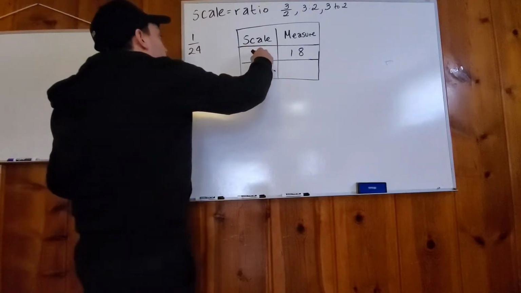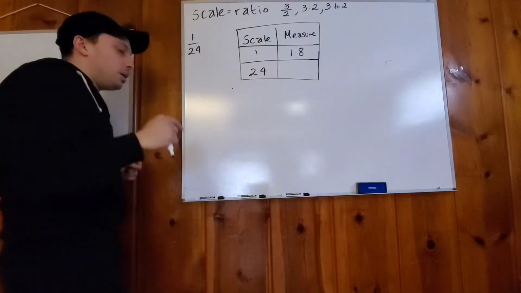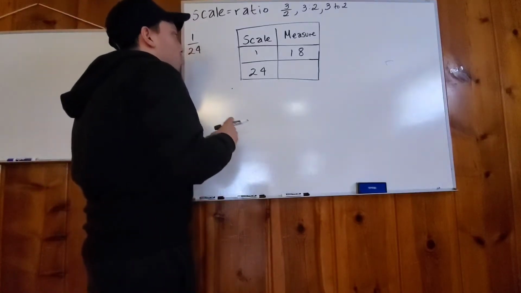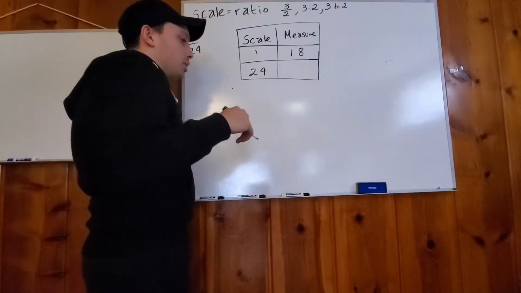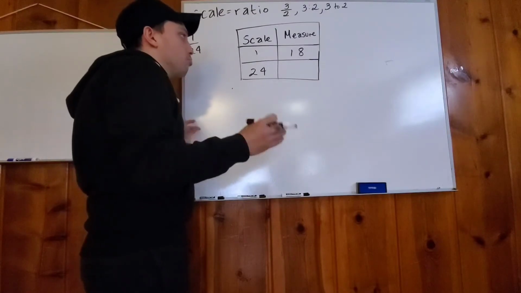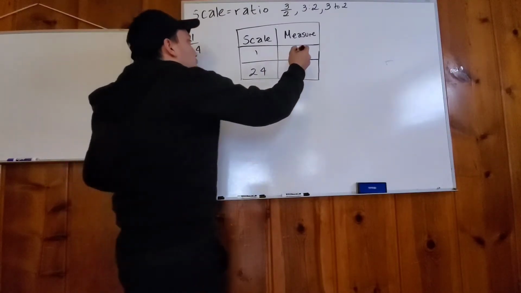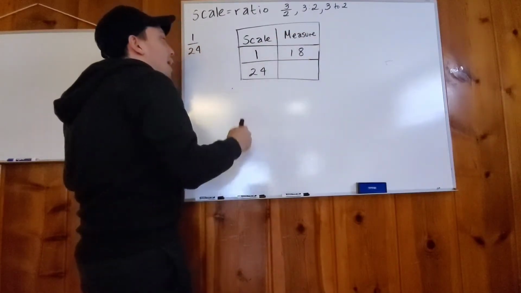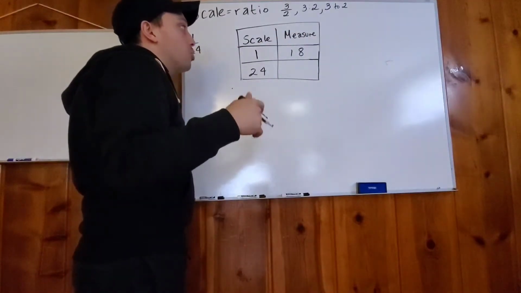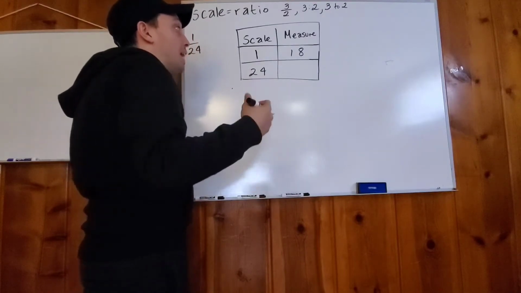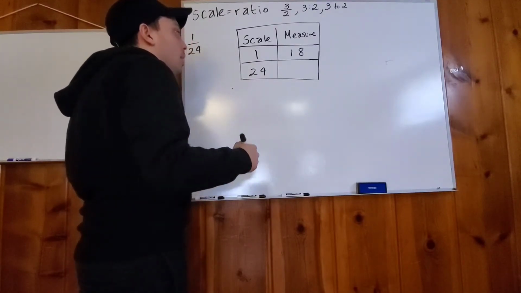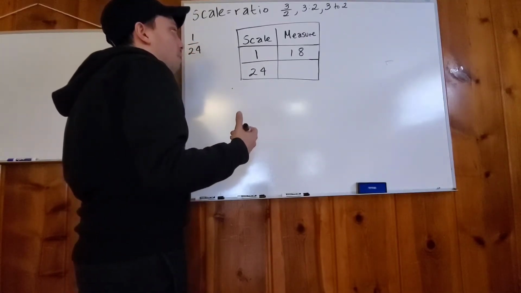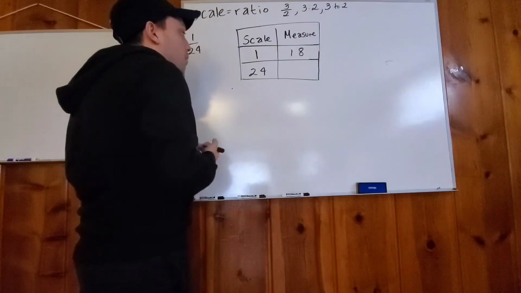For every 1 inch is going to be 24 feet, because obviously an airplane is quite big. So they say if in the scale model, in the little model for the airplane, the measurement of the wing is 18 inches, how much does the wingspan of the actual airplane measure in feet?